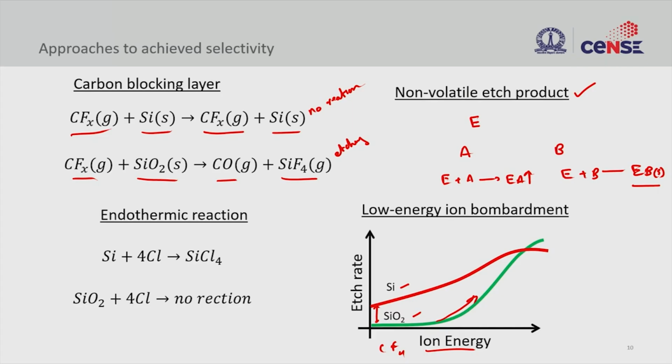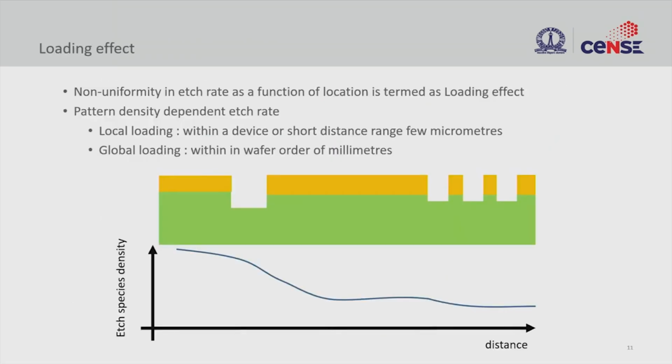And if you keep on increasing the ion energy, your silicon dioxide etch rate can be beyond the silicon etch rate. The reason for that is you start doing physical etch, as opposed to chemical etch. So by adjusting the ion energy, one can achieve selectivity.